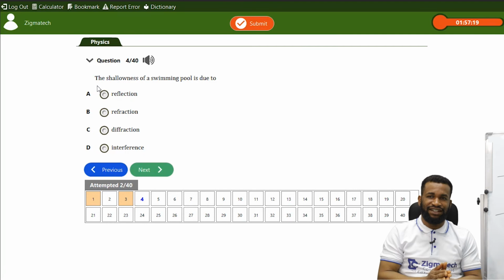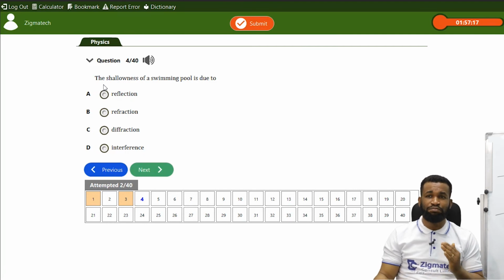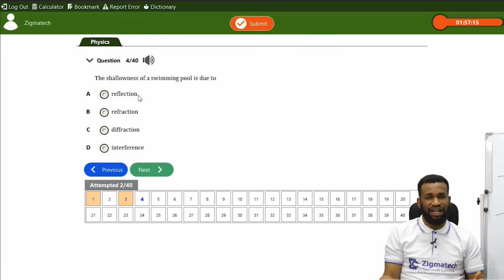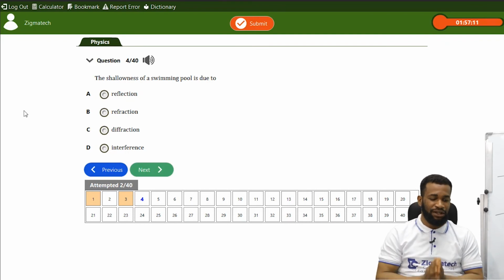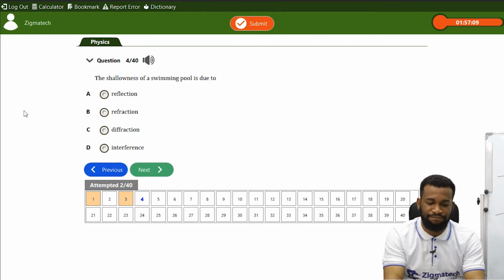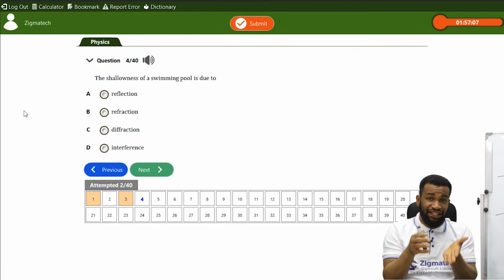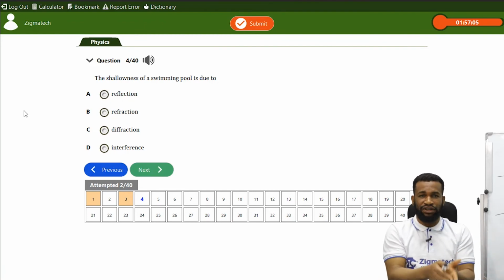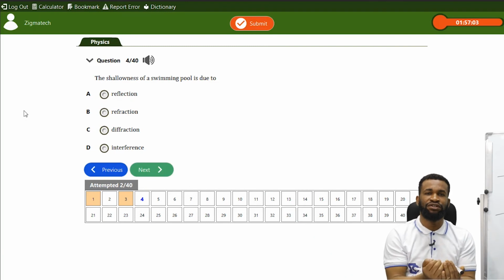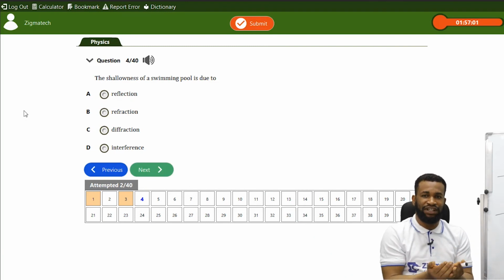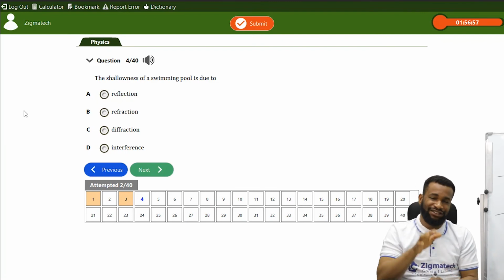The shallowness of a swimming pool is due to what property of wave? When we talk about the shallowness, have you ever seen something inside a bucket or inside a pool? It looks upper, as if the object is coming closer to you than it really is.